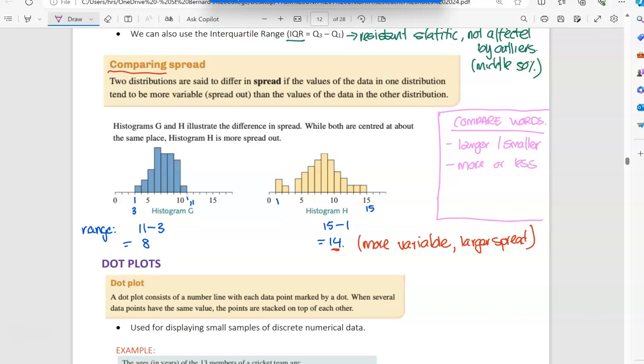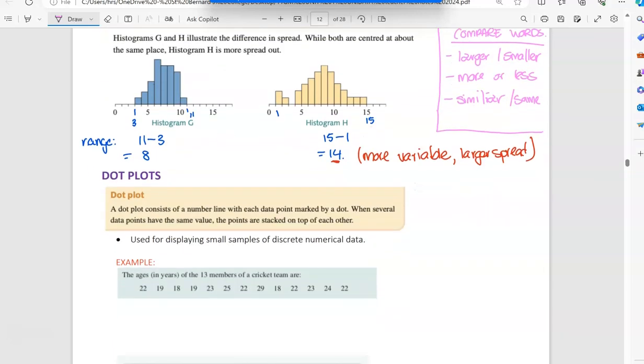So you really need a comparison word. Or you may say they are similar, but you're still comparing. You're saying similar or same, but you need to say how there's a difference. So remember that when you're asked to compare, we need comparing words.